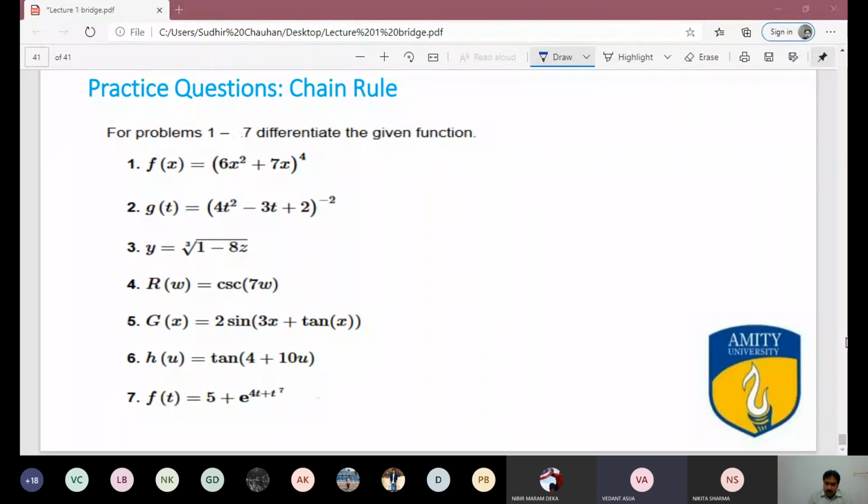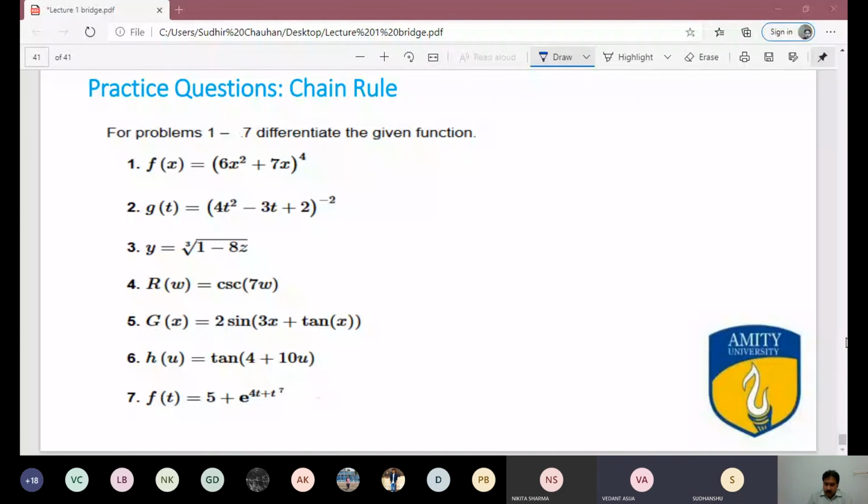Faraz Hassan. Divyanshi, are you there? Present, sir. Vidhi Chadda, present, sir.